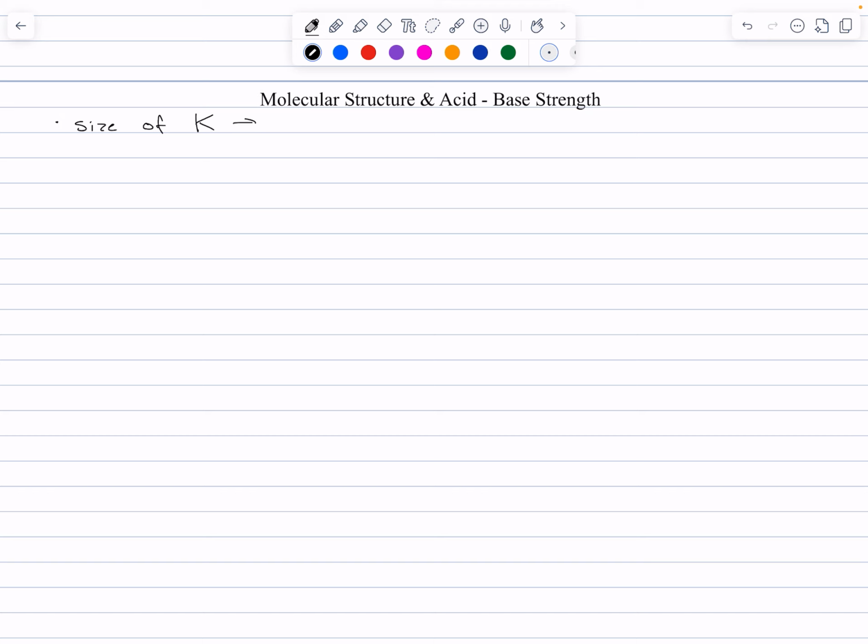How far the reaction proceeds, or how much does H plus ionize? That's the question, right? Well, two factors affect strength.